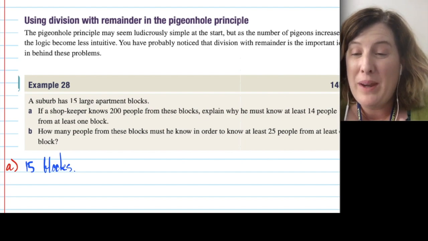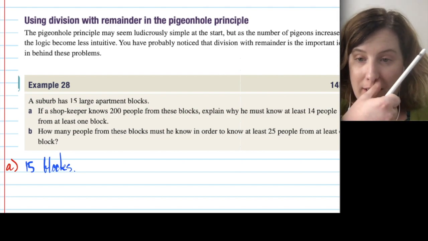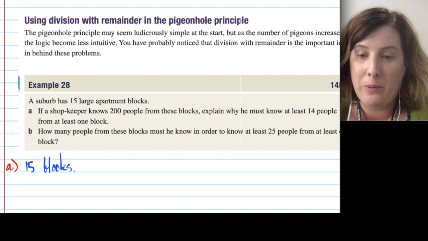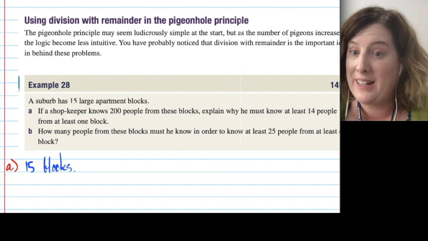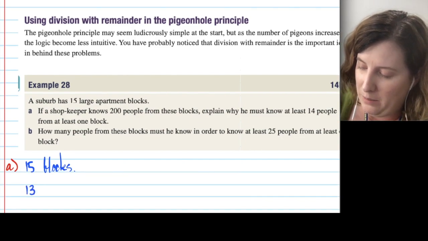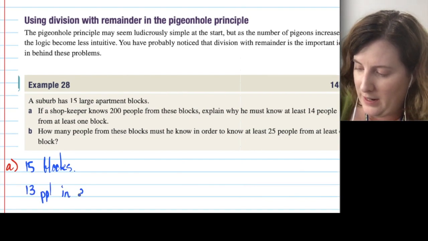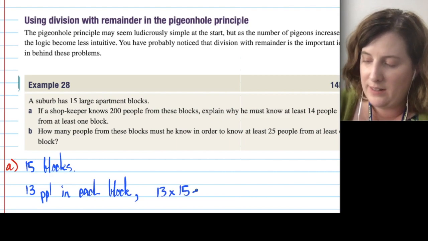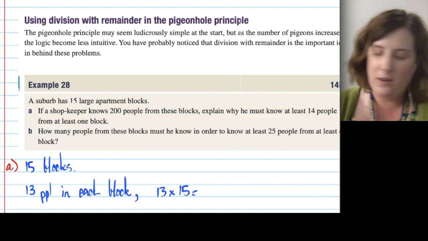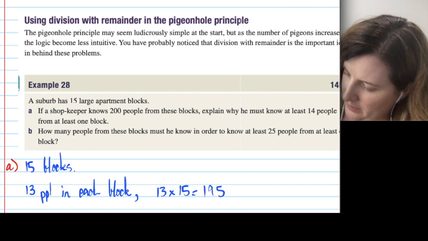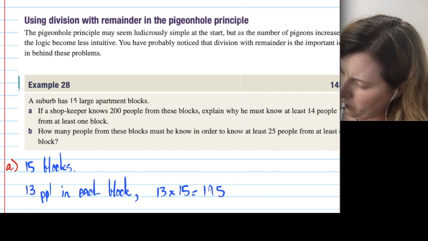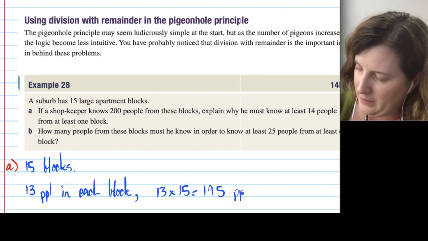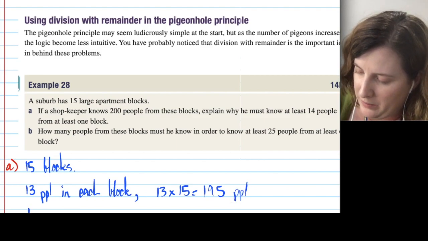Well, if we assumed that they were evenly distributed, and we did 13 people in each block, 13 times 15 is going to come out as 195. But he knows 200 people.